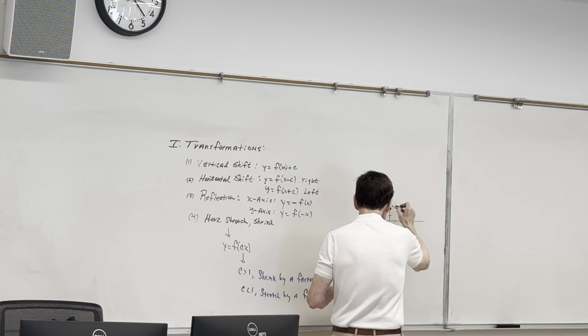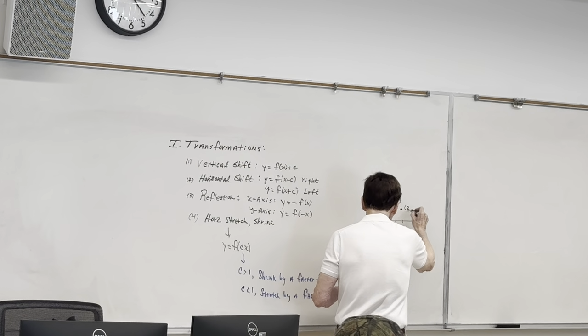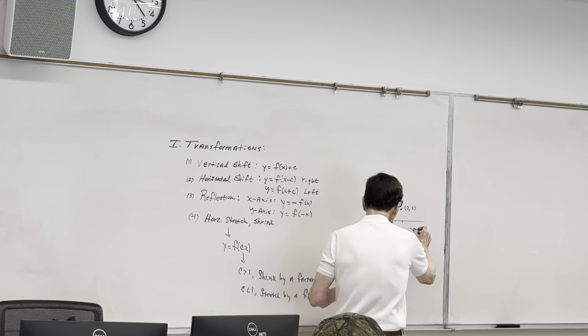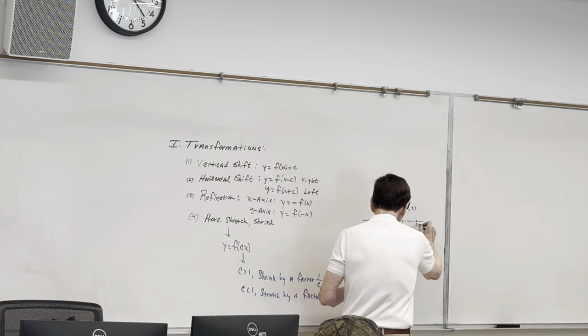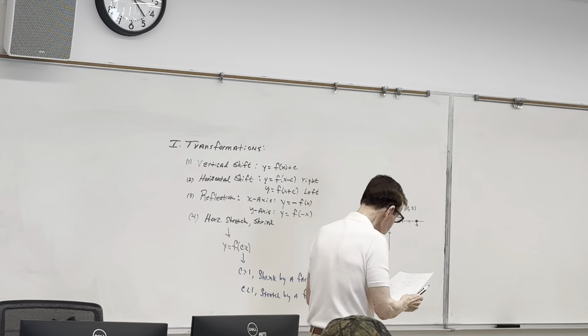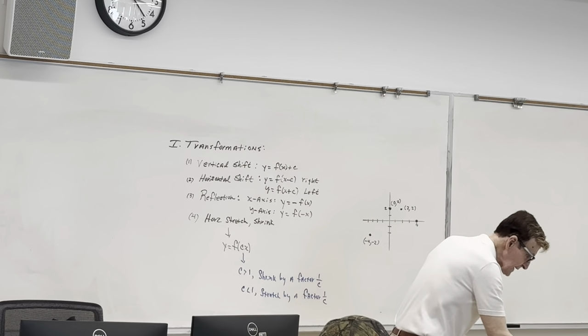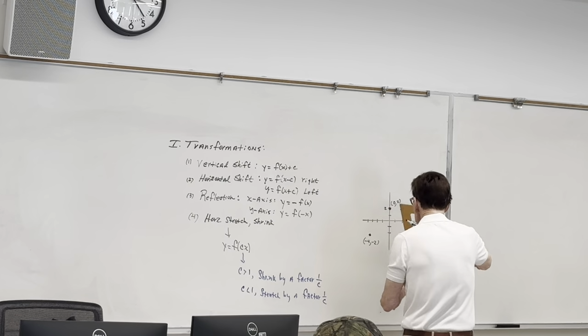I should label these as I go along. And I threw in one more, 4, 0. Not too bad. 1, 2, 3, 4 ordered pairs. I'm going to connect them and get a graph that looks something like this.